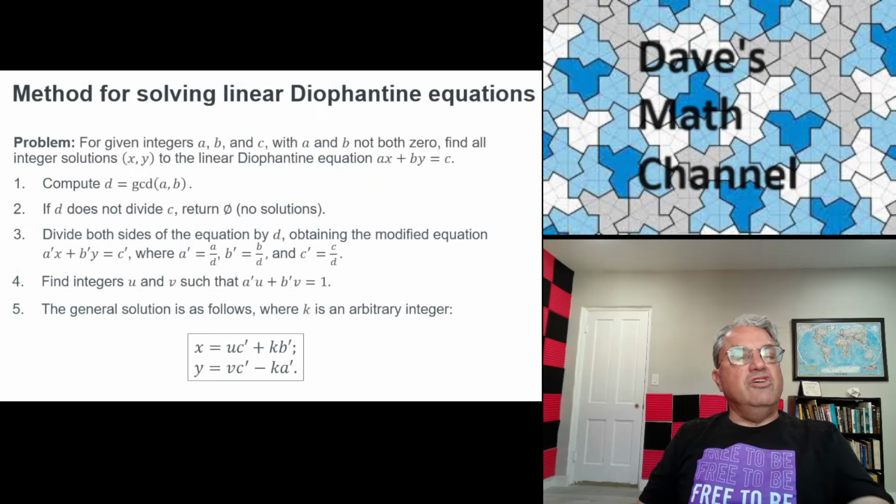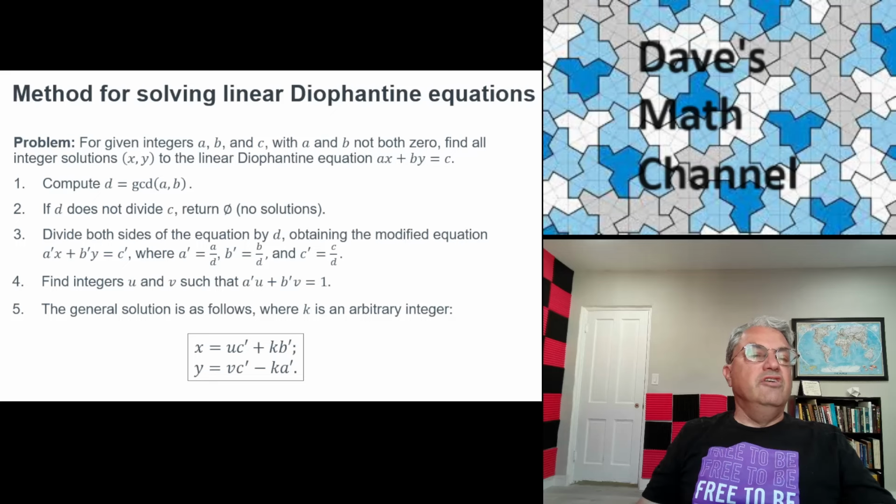Well, there is a method, and here's the method. There are 5 steps involved, and the first thing you should do is compute the greatest common divisor, usually abbreviated as GCD, of your first two numbers, a and b, the coefficients of x and y.